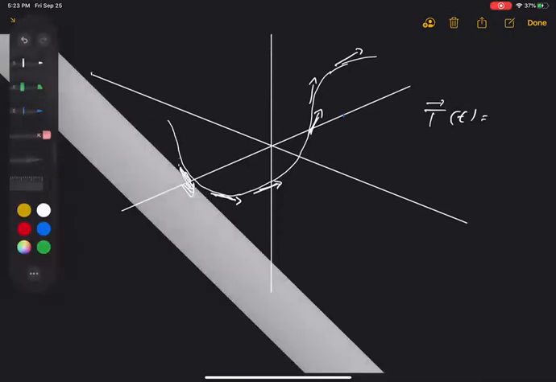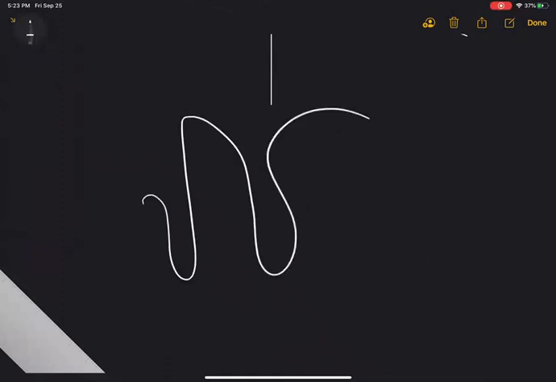Now compare that, remember, to our crazy curve, something like this. If I had something like that, I could again graph my unit tangent vectors, but now from this one to this one, it changes pretty quickly, right? The direction changes pretty quickly.